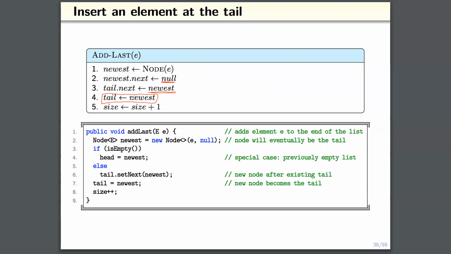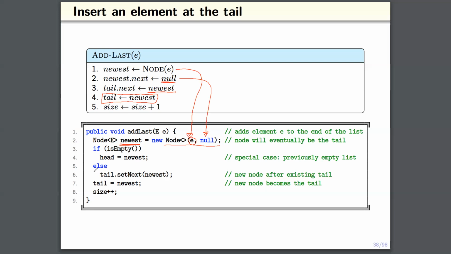So that's why tail is equal to Newest. Size is equal to size plus 1. Done. Right? Okay, let's see the code here. Newest is equal to new node of E comma null. Right? The element is E. The first line here is this. The second line here is this. Right? Okay, next.